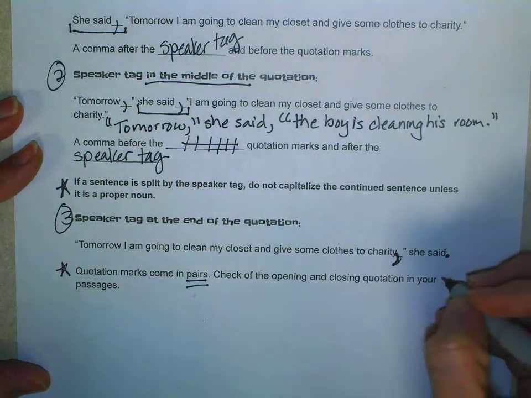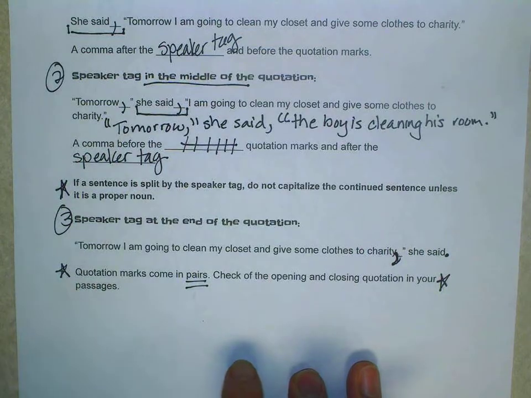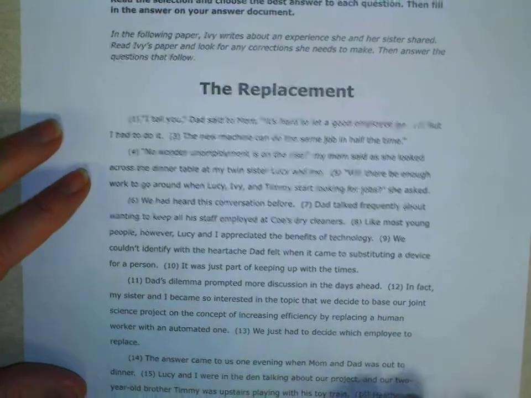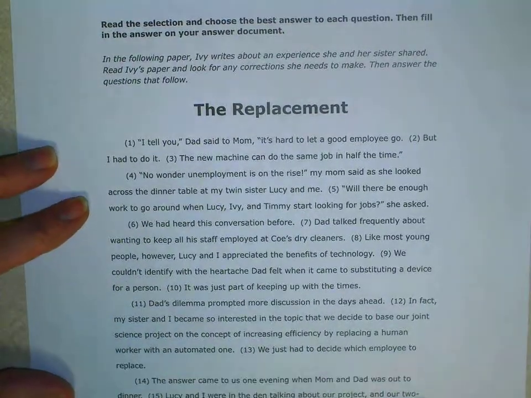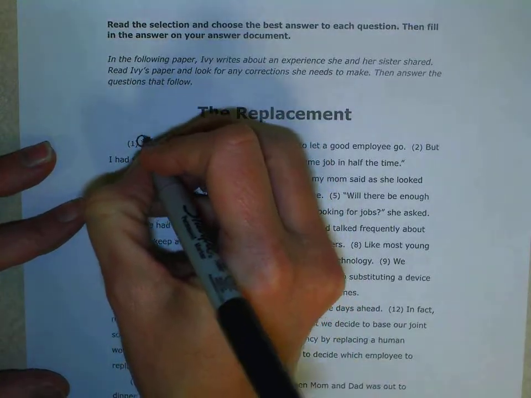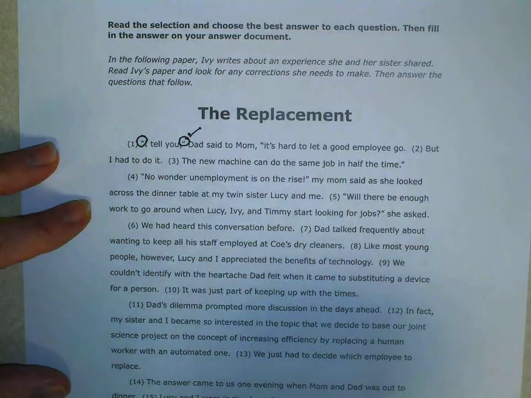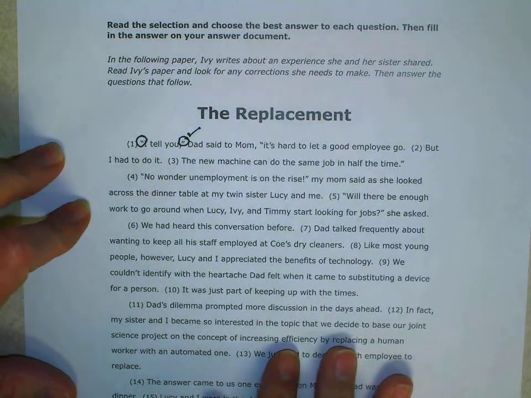So this is what I mean by this. So I'm going to look at a passage. This one has a lot of quotation marks in it, okay? So if I had a passage that had a lot of quotation marks, I would do this. Opening quotation mark, closing quotation mark, check. That's a pair. So that is correct.